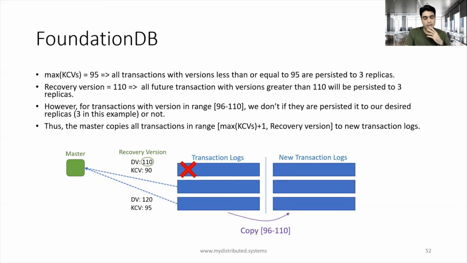So here the new master copies all transactions in the range of 96 to 110 to the new transaction logs before accepting new transactions. After this, the new master and the new generation of the database are ready to accept requests, and this is the unified recovery process in FoundationDB.